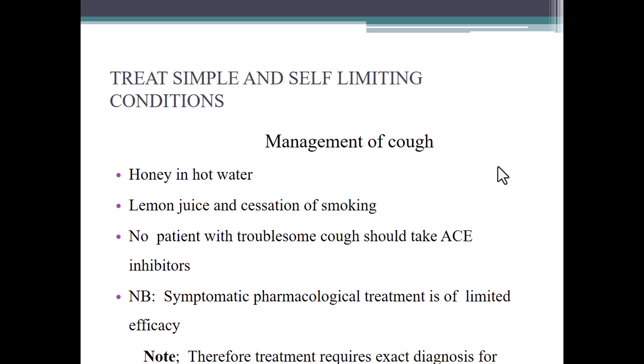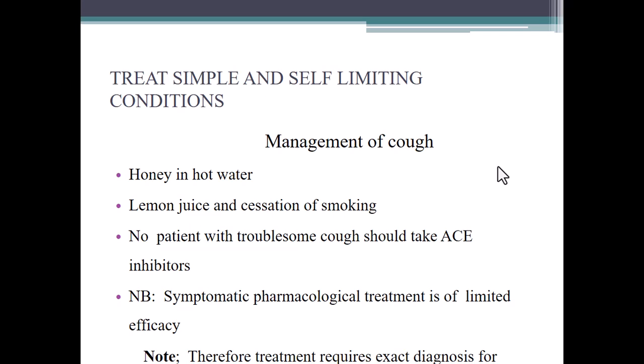It has to be prescribed because they have to check your level, and also they have to find out whether it is high or low, and they have to assess you properly before it is administered to you. So we see that the symptomatic pharmacological treatment is of limited efficacy.